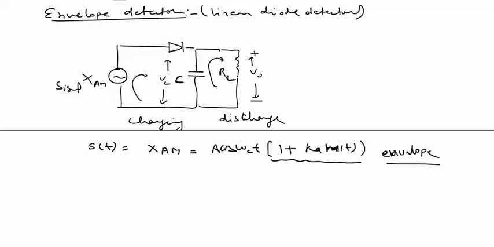We want to fetch this envelope. The envelope of the AM signal carries the message information. We want to discuss some very important points about the envelope detector. It is a very important topic: alternate year, minimum one question in GATE. It is a peak detector circuit.